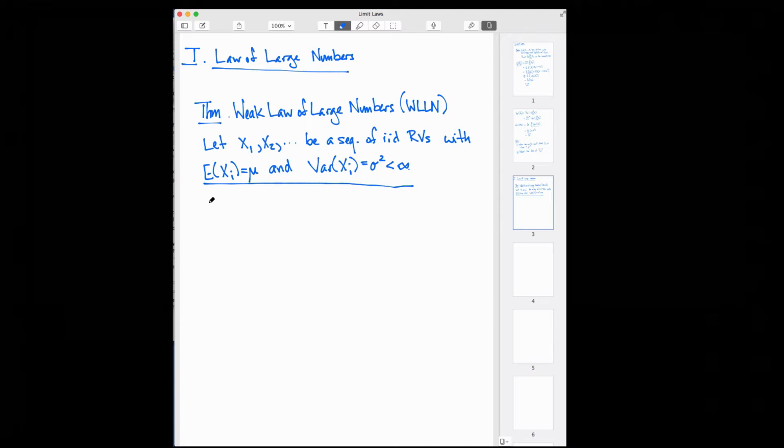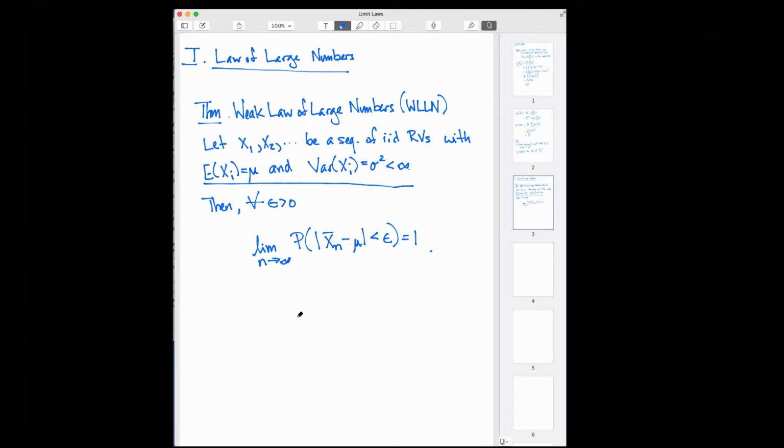And then what the law of large numbers says is that for all epsilon greater than 0, the limit as n approaches infinity of the probability of the absolute value of the sample mean minus the population mean being less than epsilon is equal to 1.